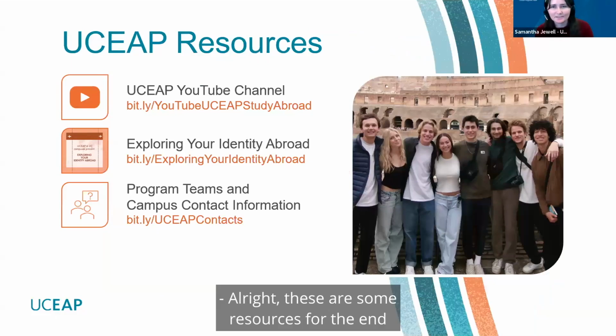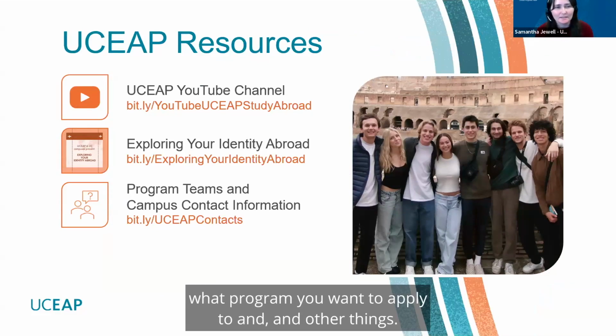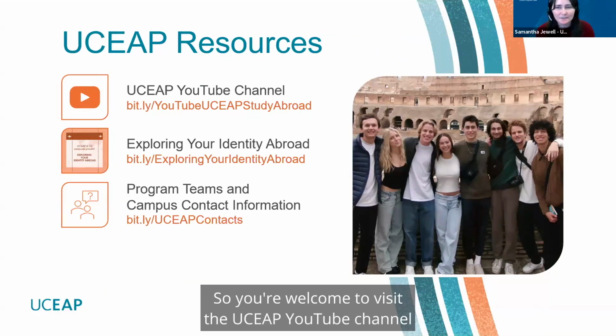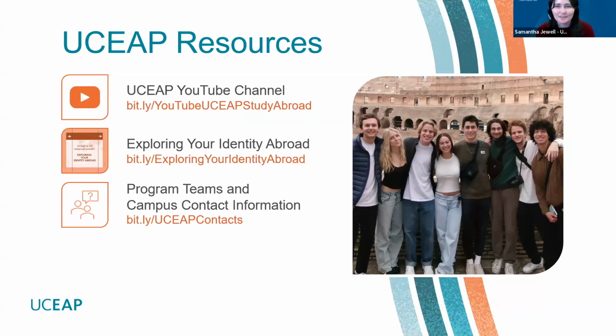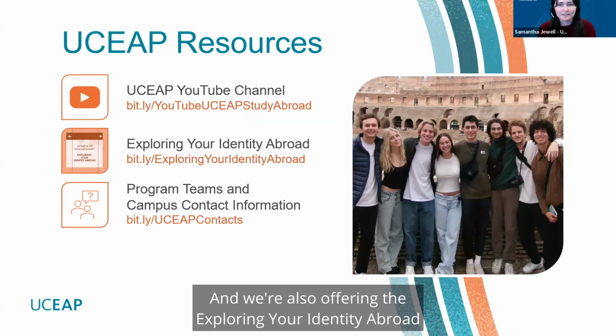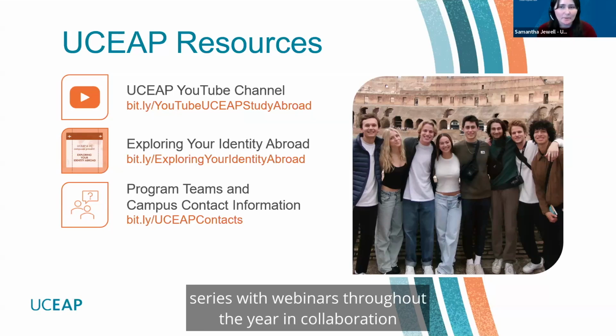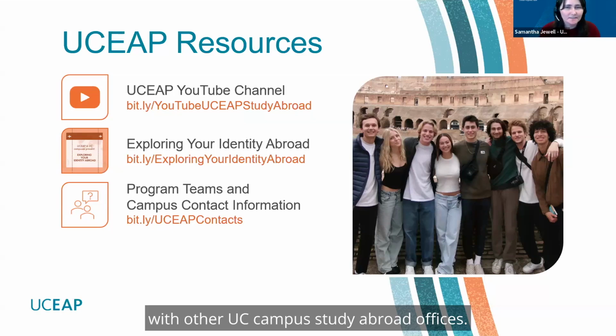All right, these are some resources towards the end of this presentation that can help you figure out what program you want to apply to and other things. So you're welcome to visit the UCEAP YouTube channel to access our catalog of helpful videos like this one. And we're also offering the Exploring Your Identity Abroad series with webinars throughout the year in collaboration with other UC Campus Study Abroad offices.